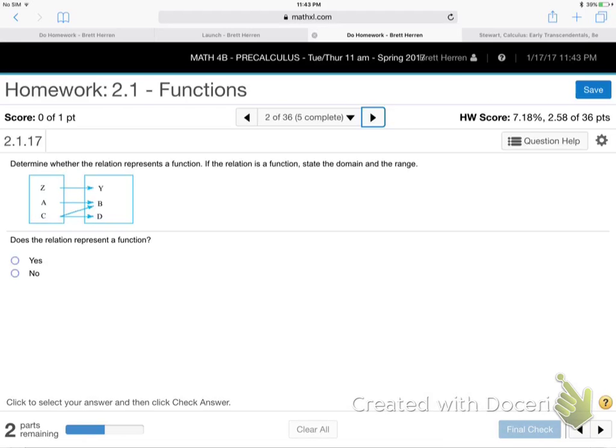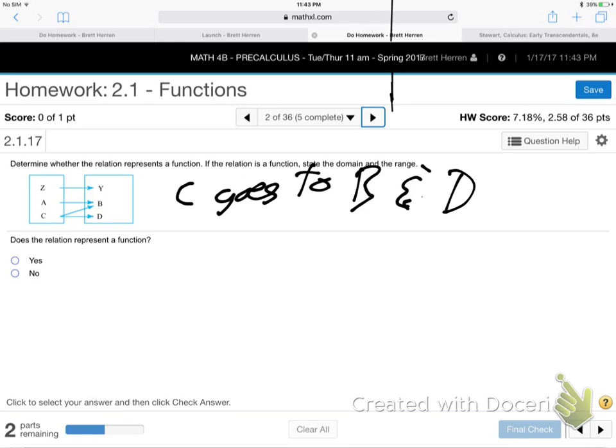Okay, so this will be number 2. And we can see this one's not going to be a function. Why? Because C goes to B and D. That's a problem. That's one input. Notice C over here goes to B and to D. That's one input going to two outputs.